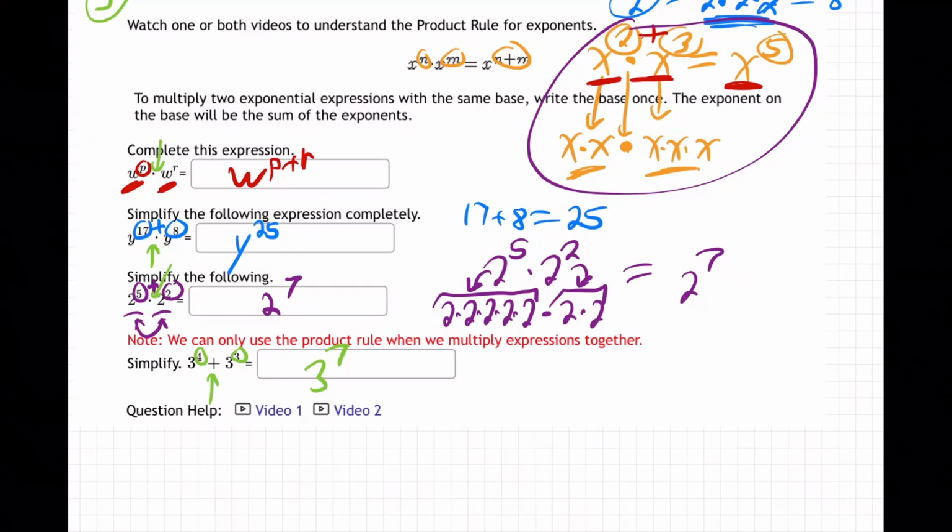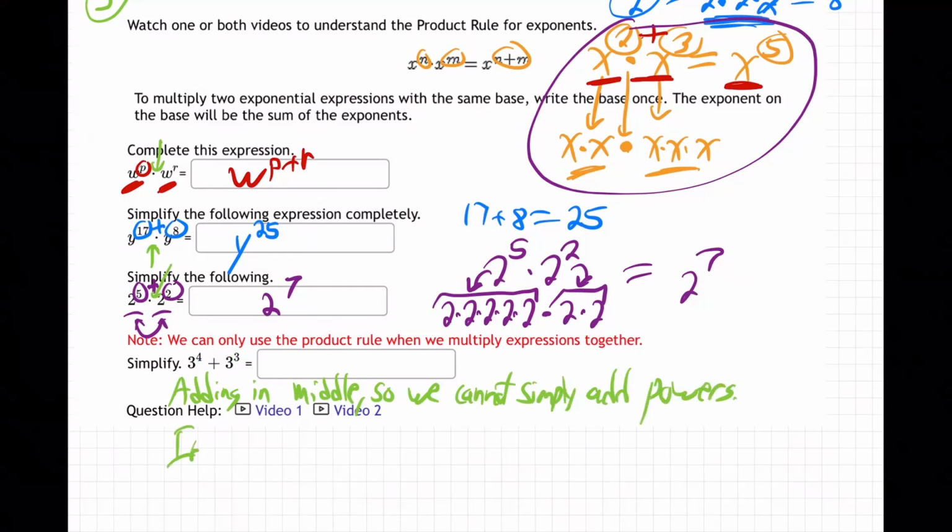Well, then what do you do when you have add in the middle? We cannot simply add the powers. Well, then what do we do? Instead, work out each part separately.